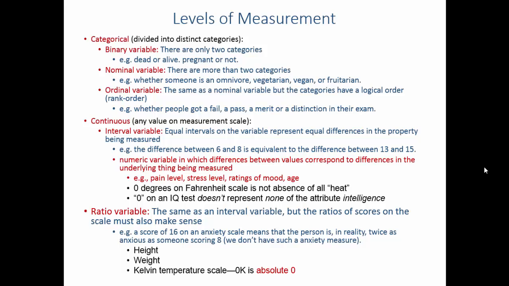Some of these things might not be self-reported. They might be based on the amount of cortisol in the blood, for example, to measure stress level. Ratings of mood, age. Age is continuous. From birth to death, you're continually aging.